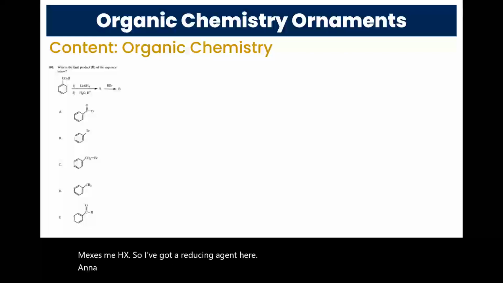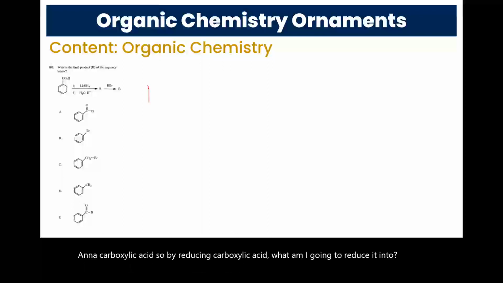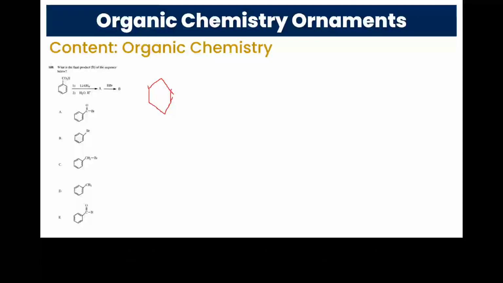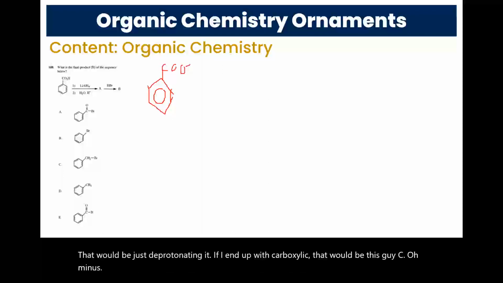So if I reduce a carboxylic acid, what am I going to reduce it into? Carboxylate wouldn't be reducing it. That would be just deprotonating it. If I ended up with carboxylate, that would be this guy, COO minus. So if I want to reduce it, I got to take away what?